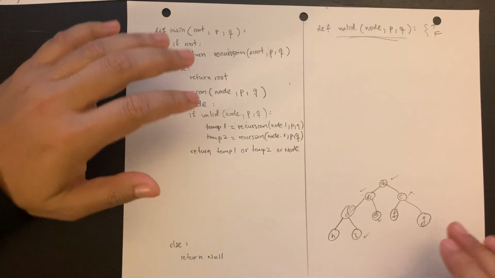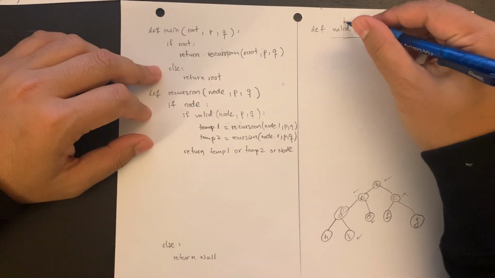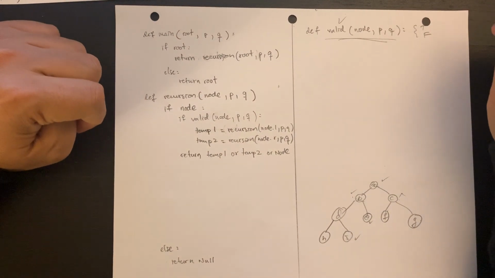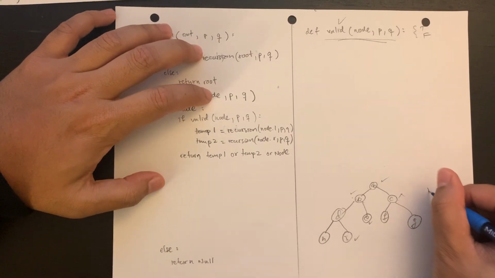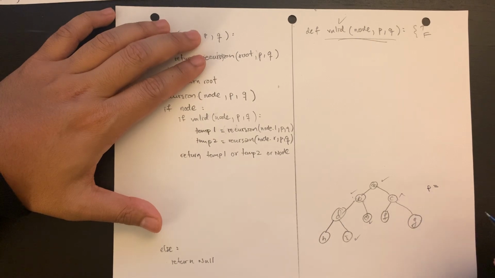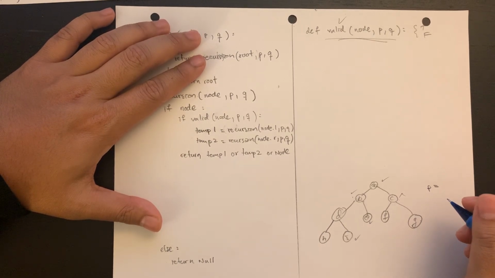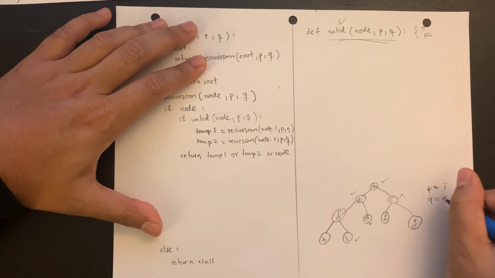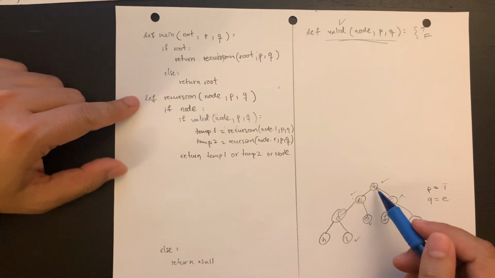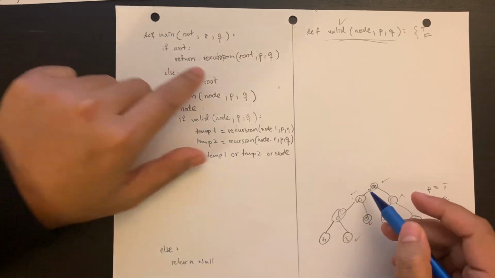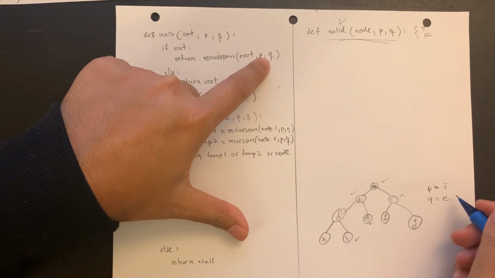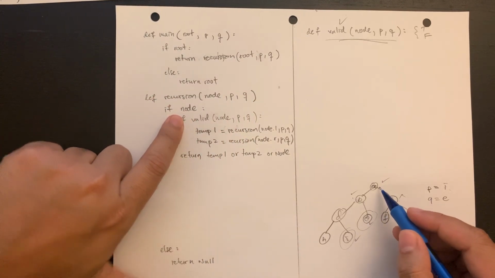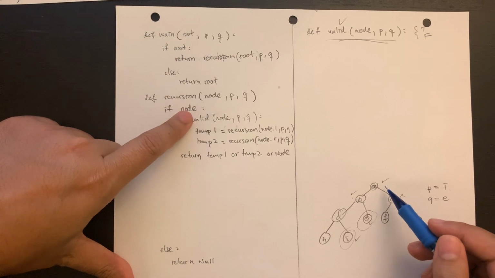All right, let's walk through the solution. Just say that this will do its magic for you. So in the case that P is equal to I and Q is equal to E, the first thing is we go through A, so we call recurse on A, with P and Q being I and E. There are two nodes right here.